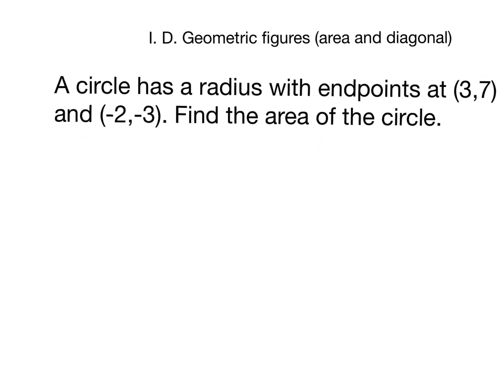So if a circle has a radius with endpoints at (3, 7) and (-2, -3), find the area of the circle. And of course, this would be multiple choice, but what you could do for this, you could just quickly sketch this out, would be one option.